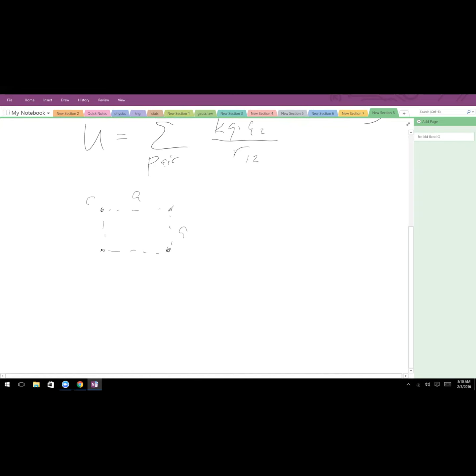And say all the charges are Q. Well, if I think about every pair, there's 6 pairs altogether, right? Because I could go like the 2 in the corner, those 2, those 2, those 2. So that's 4 of them. Or I could do the diagonal ones, right? So you have to do that formula for all 6 of them and add them together.